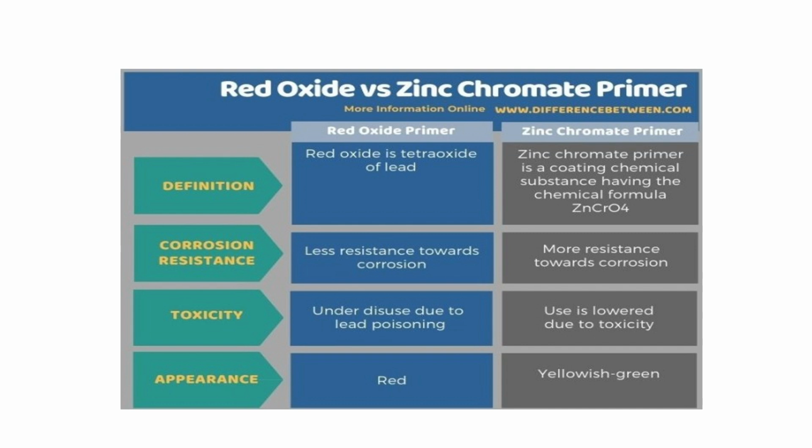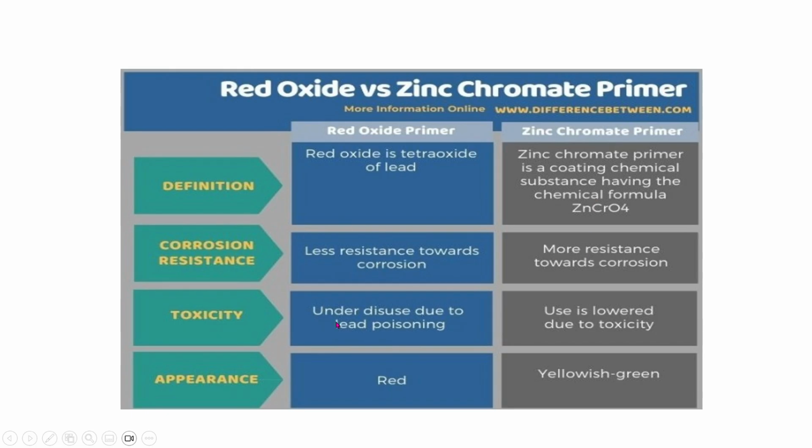So what is the difference between red oxide primer and zinc chromate primer? By definition, red oxide is a tetraoxide of lead. I have told you lead is there, that's why it is banned. Zinc chromate primer is a coating chemical substance having the chemical formula ZnCrO4. Red oxide has less corrosion resistance, while zinc chromate has more corrosion resistance.